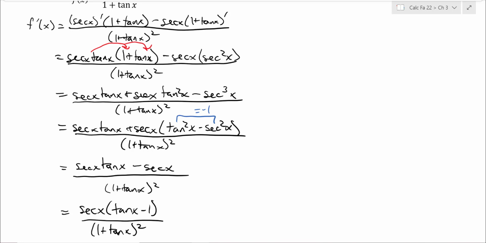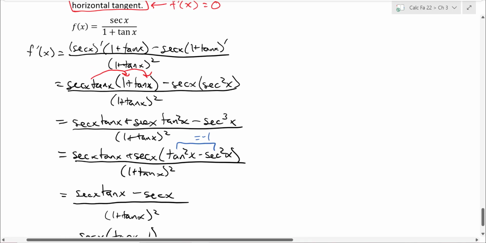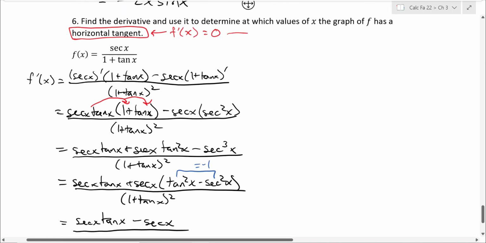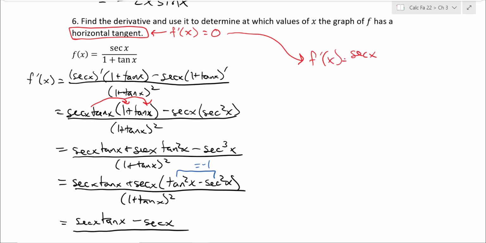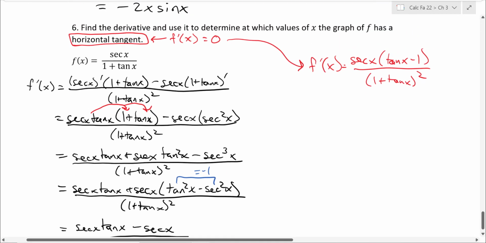All right, and then if that's our derivative, we're connecting back to the top and saying, we want to know when f prime of x is equal to 0. So if f prime of x is that secant x times tan x minus 1 all over 1 plus tan x quantity squared, when we're working with a fraction, a rational function, we're just looking for the numerator to equal 0 for the function to be 0.